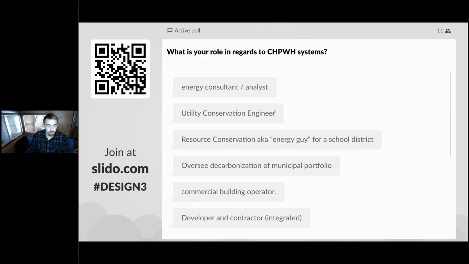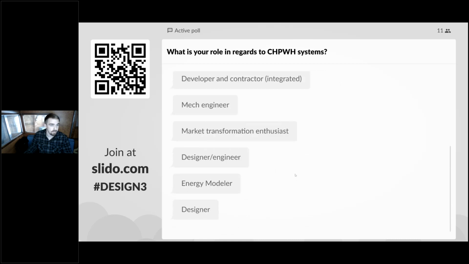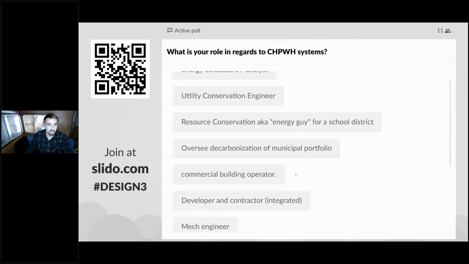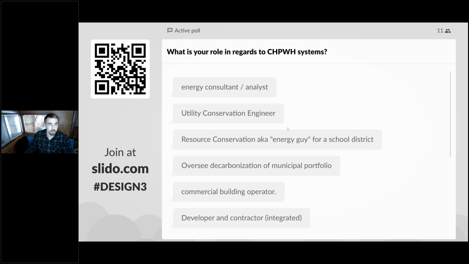So I think the information we're spreading today can apply to a really wide variety, and it looks like everybody that gave their feedback here will be able to get some valuable information here, because we're talking about the interface between the designer that's creating the design for these systems and the installers that are actually putting them in, and the importance of the continued operation of these systems for their efficiency and reliability.